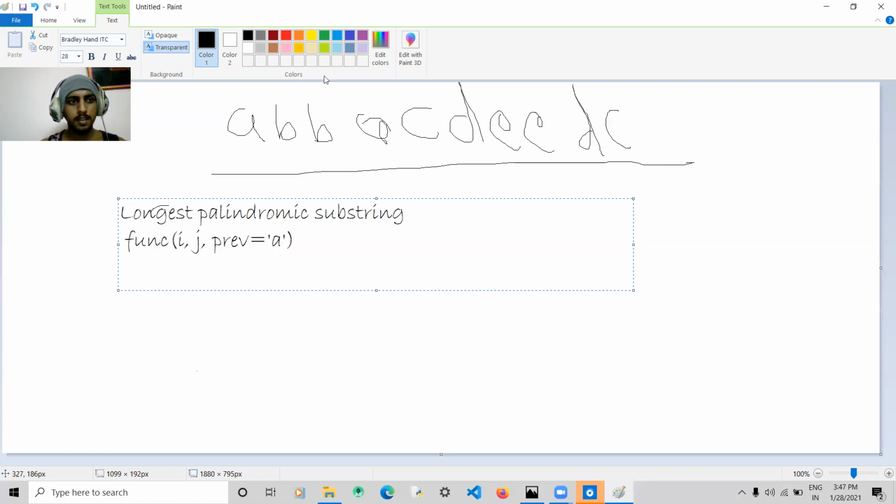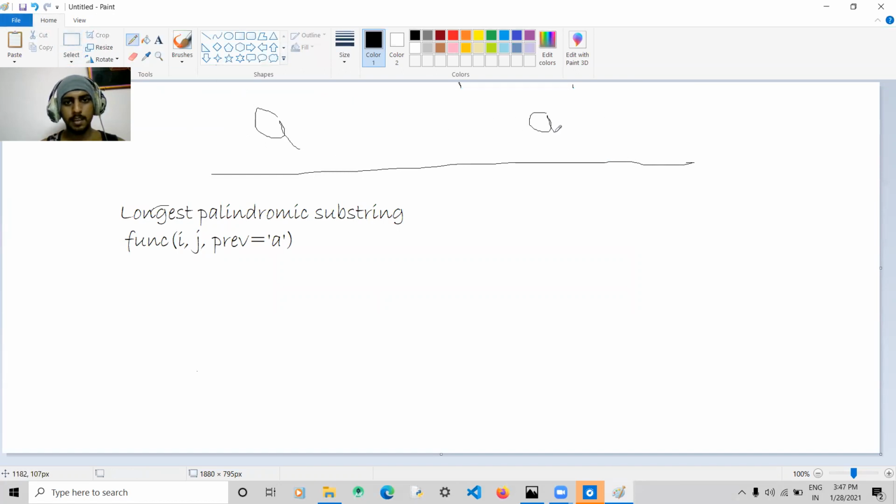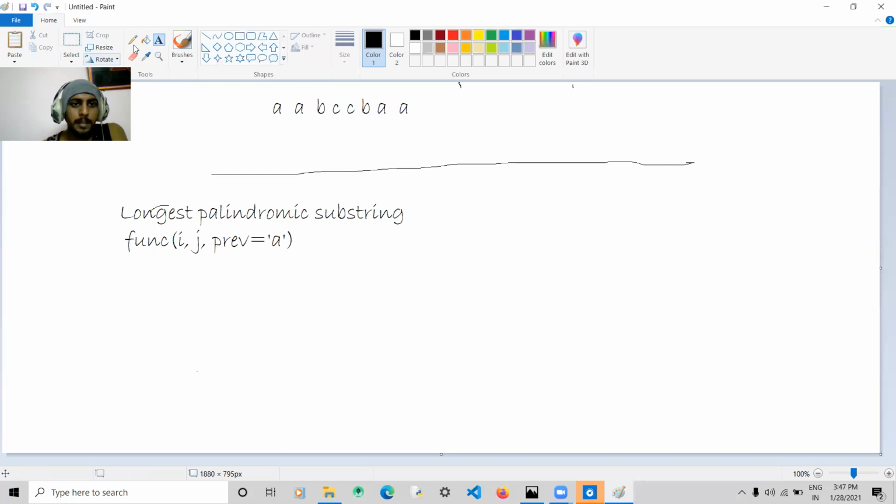What I mean by that is, suppose we have something like this: a b c c b a. If you run the normal palindromic substring, it will give you the whole substring.